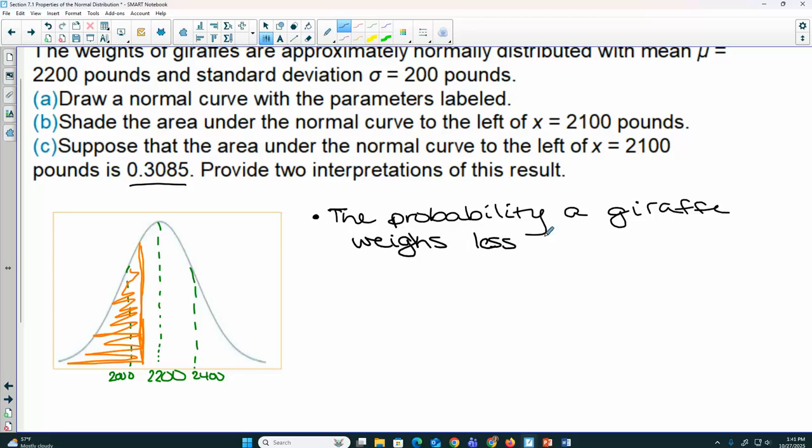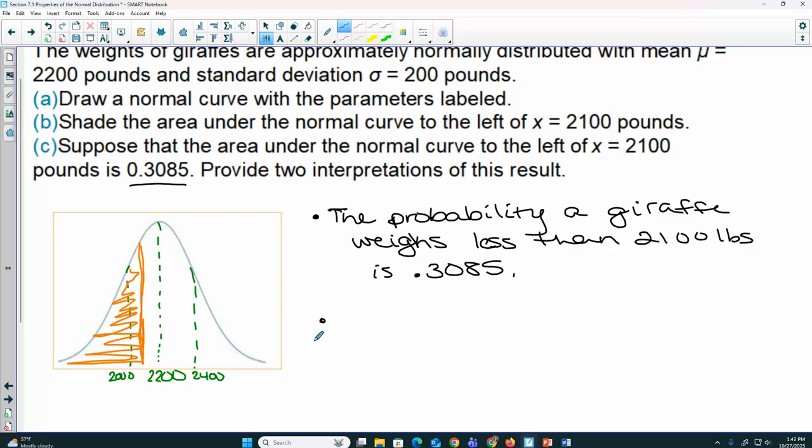Less than 2,100 pounds is 0.3085. So there's a 30.85% chance that a giraffe I pick has a weight under 2,100 pounds.